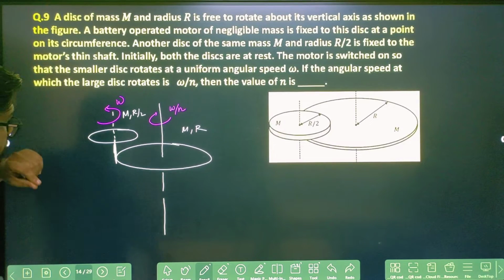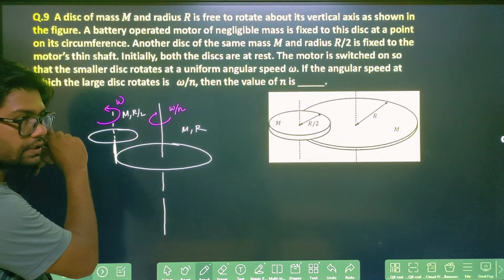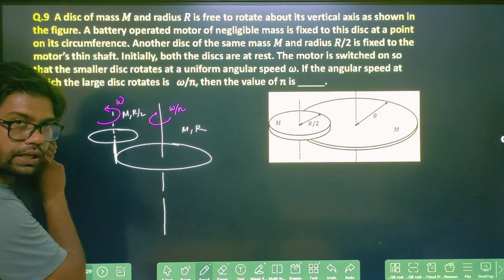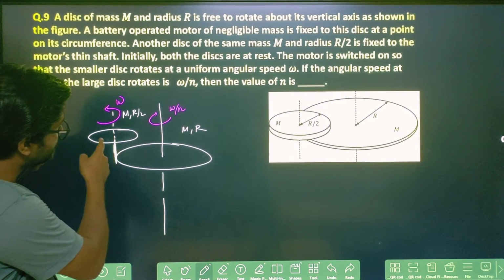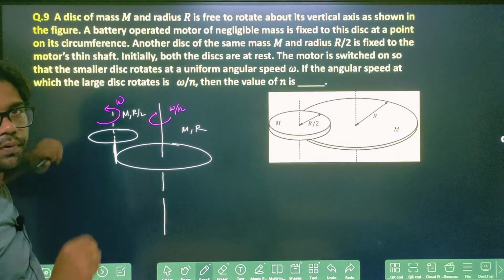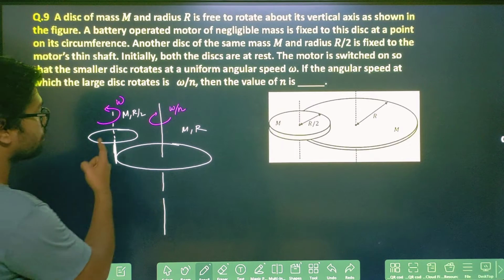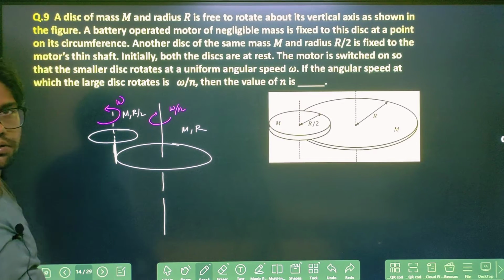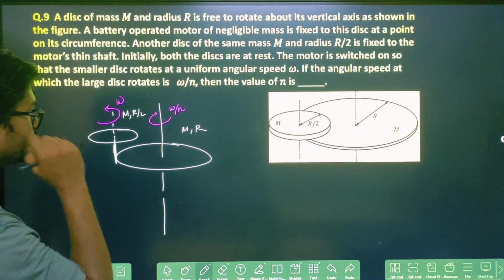And one more thing is here, that first of all it is rotating, then due to this one it also rotates. Then you will see that this smaller disc is doing two types of motion. First one, it is rotating about its own axis and it is rotating with the bigger disc also. So you have to write down the angular momentum conservation, right?